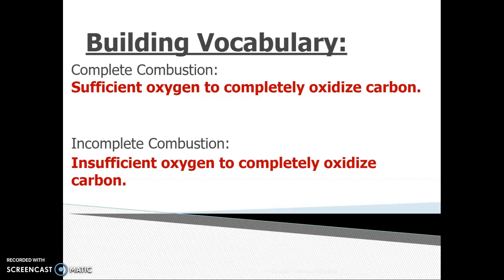Like when you see problems and it doesn't tell you, oh, this is complete or incomplete, we're going to assume it's a complete combustion, but I just wanted to make sure we were aware there are 2 different types. Complete combustion reactions, basically it just means it has enough oxygen, so it completely oxidizes the carbon that's the fuel source. And in an incomplete combustion, there's not a good oxygen ratio, so it's not completely oxidized, and there are some problems with that.